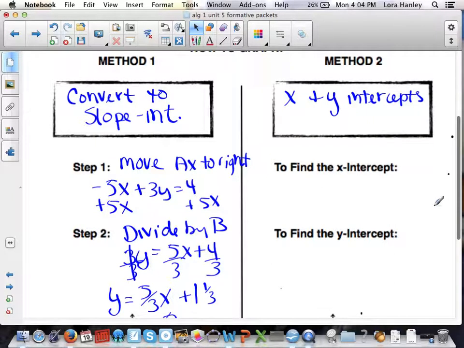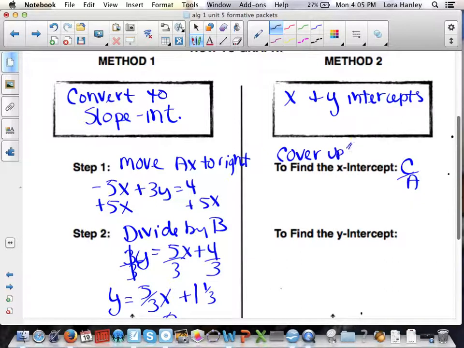To find our x-intercept, it is c divided by a, or we talk about it as replacing our y value with 0 and then divide. And we've also said you can cover up the y term and divide.